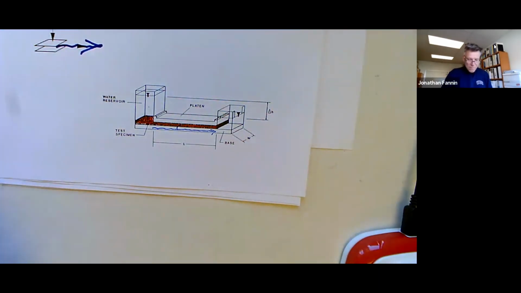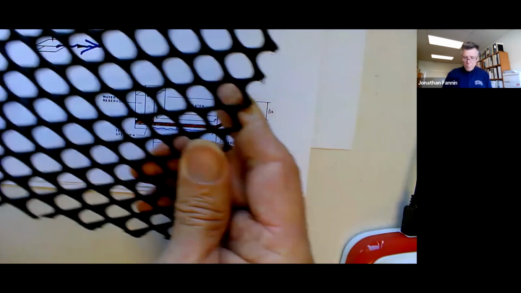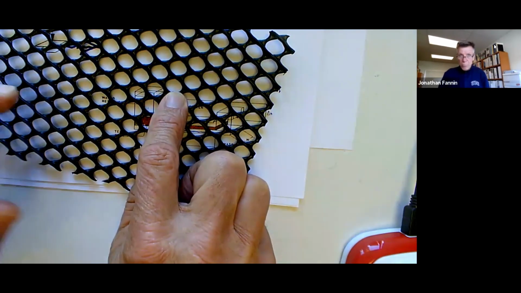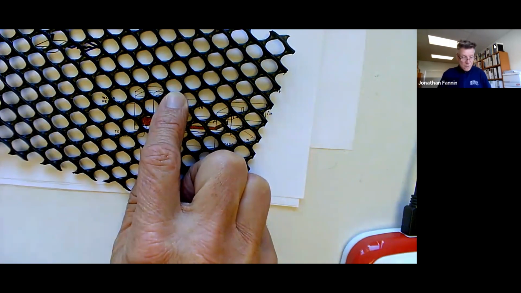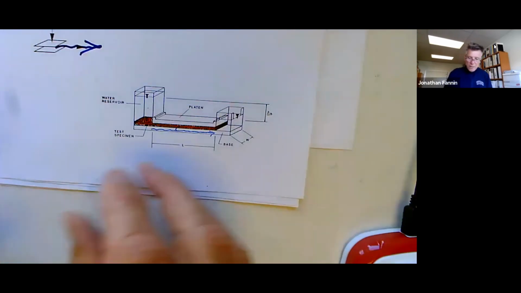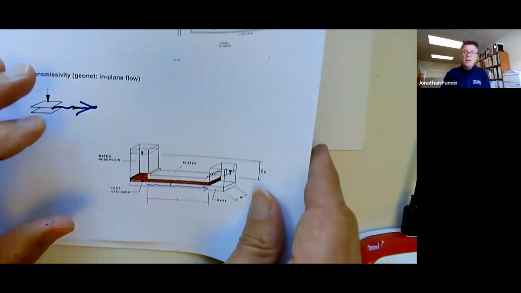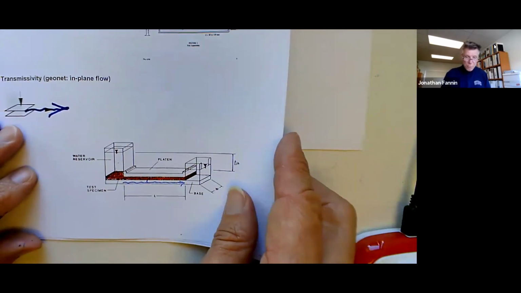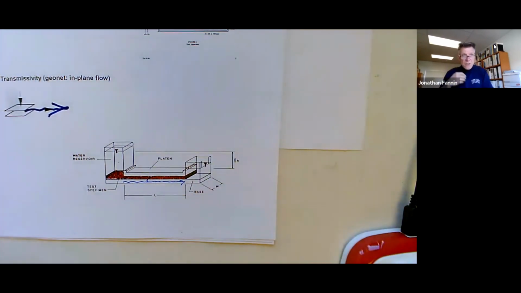And when we get to something as open and porous as a geonet, it behaves like an open and porous gravel, and it's non-Darcian flow. And so that's where we're going to be headed to finish this material next week, this appreciation for Darcian versus non-Darcian flow in geosynthetics and Darcian versus non-Darcian flow in soils.